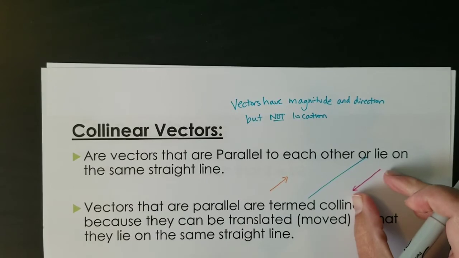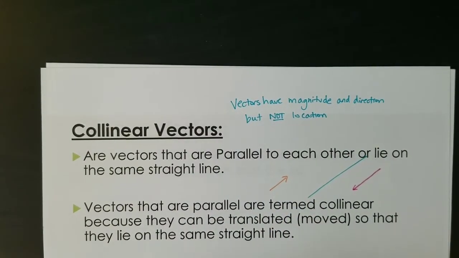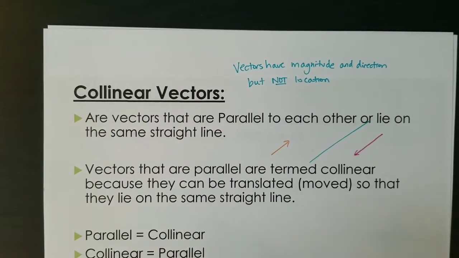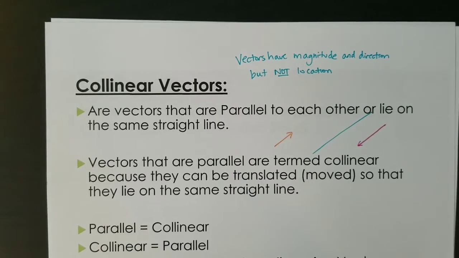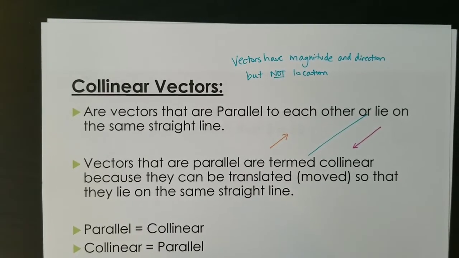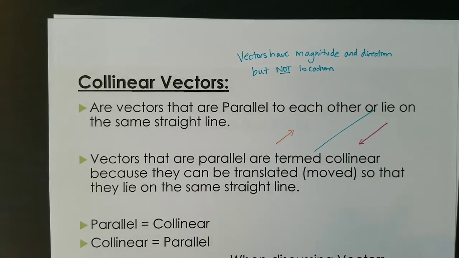And these vectors could both be picked up and placed onto that line. These vectors would be collinear because they are able to be placed on the same line. Vectors do not have a location. So these are called collinear because you can move them so that they would be on the same straight line. So collinear is really just another word for parallel when we're talking about vectors. We're going to use those interchangeably, but collinear is really the more accurate and more commonly used term.